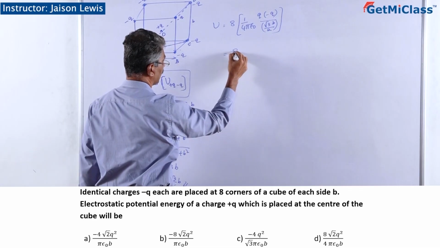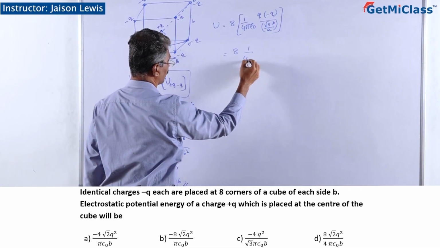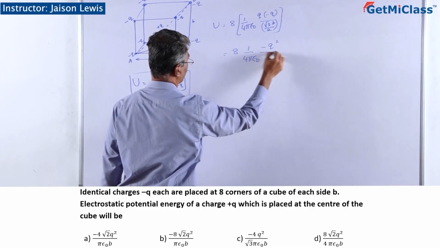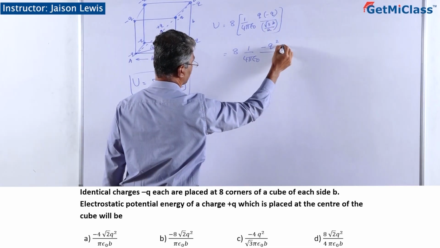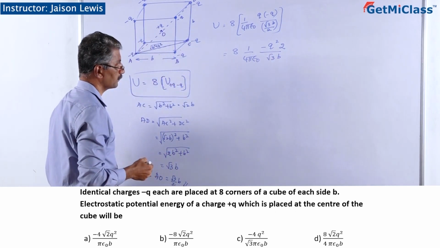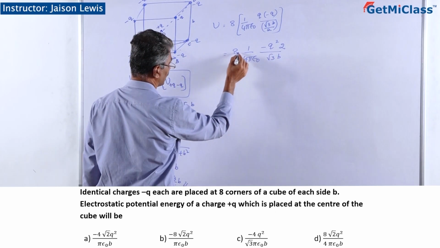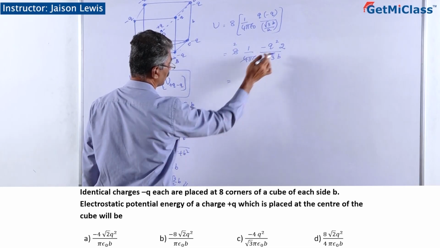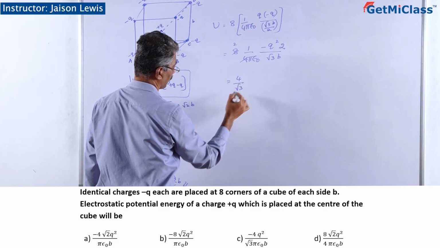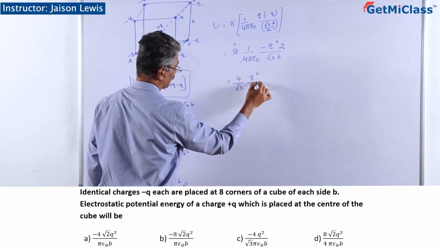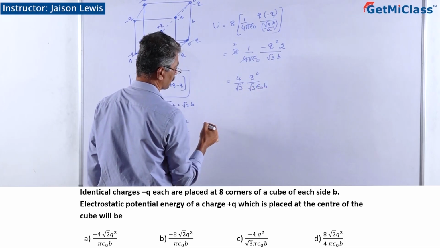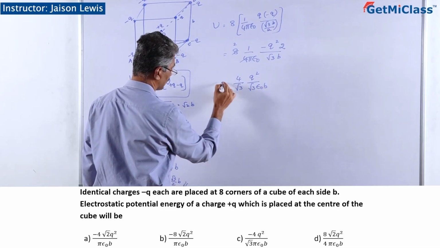So 8 into 1 by 4 pi epsilon naught, minus Q square, the 2 goes to the numerator, divided by root 3 into B. 4 ones and 4 twos: 2 into 2 is 4, so 4 by root 3, Q square by root 3 epsilon naught into B, and this is negative.